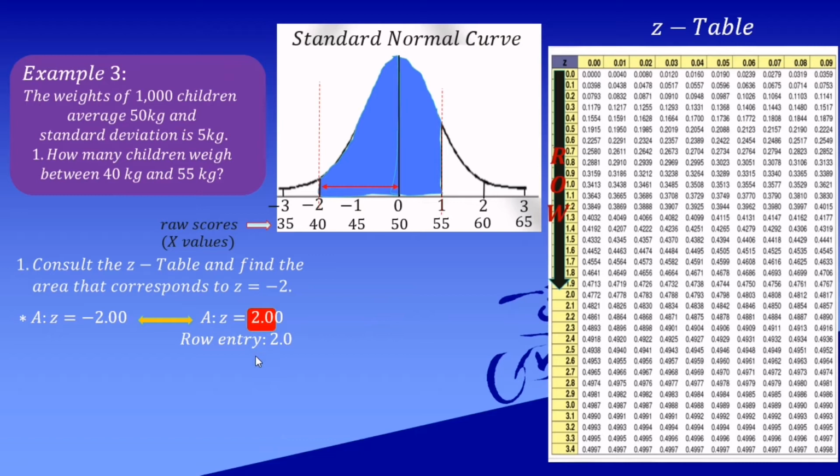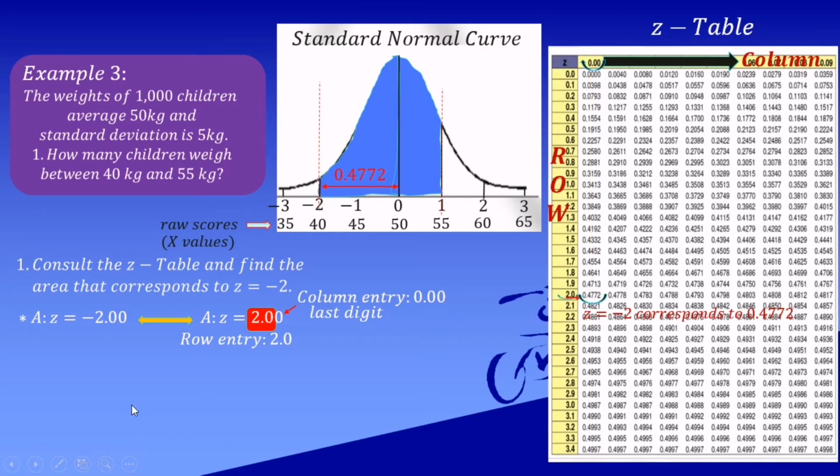Then yung last digit is our column entry, 0, 0. So then yan ating column entry. Then get the intersections between the row and the column. Then the z is negative 2 corresponds to 0.4772. Yan ang ating sukat from 0 to negative 2.